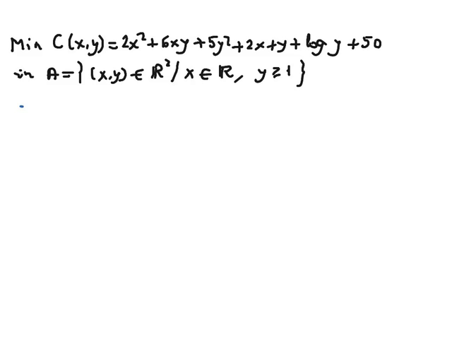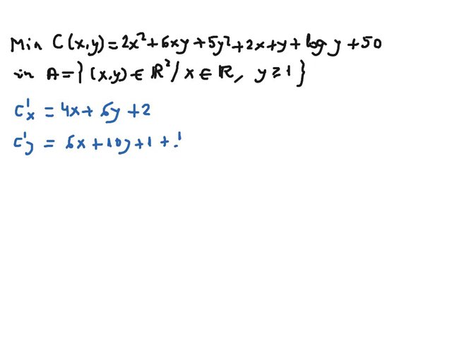I need the first partial derivatives, which are 4x plus 6y plus 2, and the second one is 6x plus 10y plus 1 plus 1 over y.